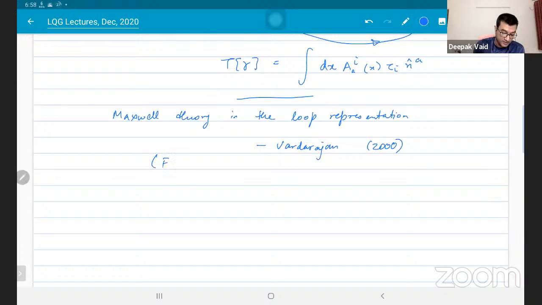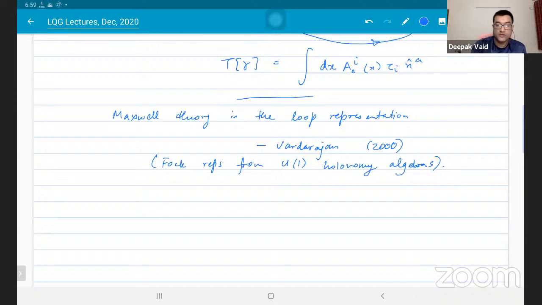More precisely, Fock space, that's the title. Let me write it down: Fock representations from U(1) holonomy loops. This paper is also quite readable, so that's one other reason I'm mentioning it.